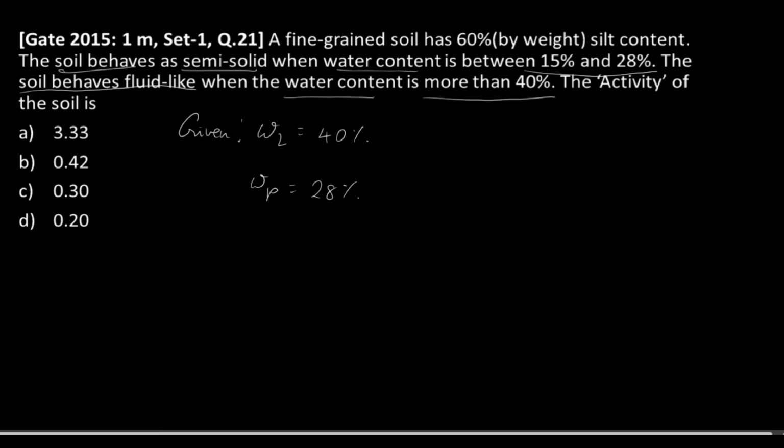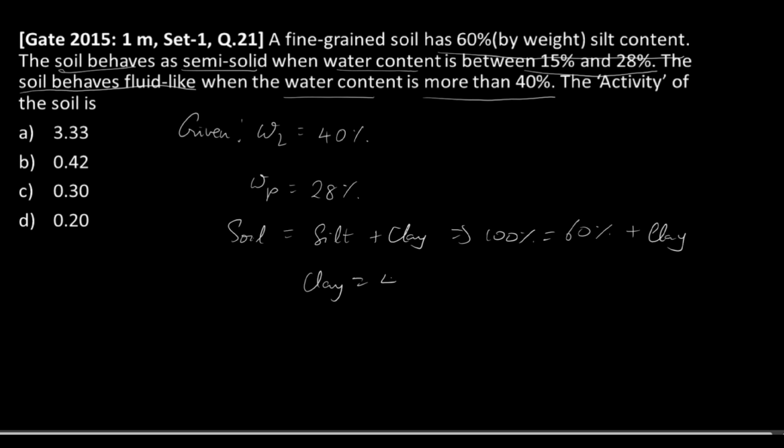And they have also given fine grain soil consists of 60 percentage silt content, which means that the soil is a composition of silt and clay, where 100% of soil will be equal to 60% of silt and the remaining will be clay.